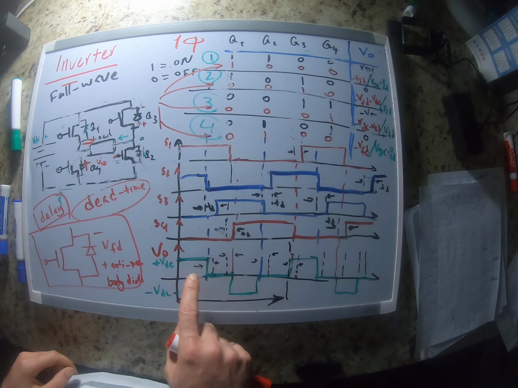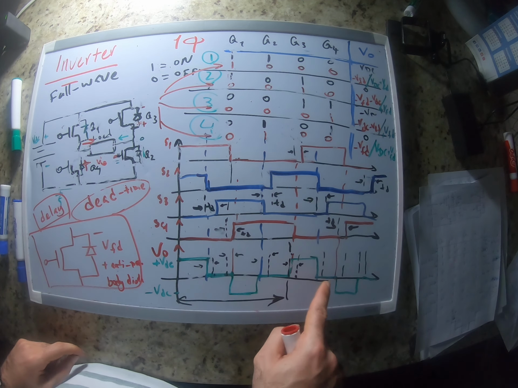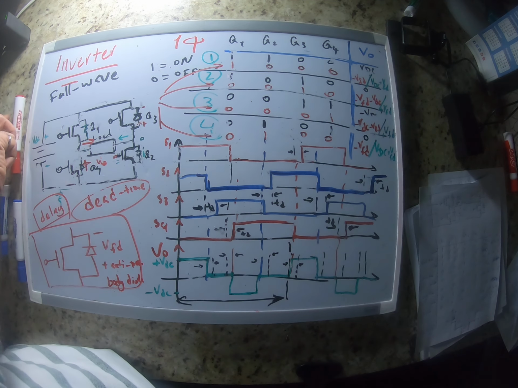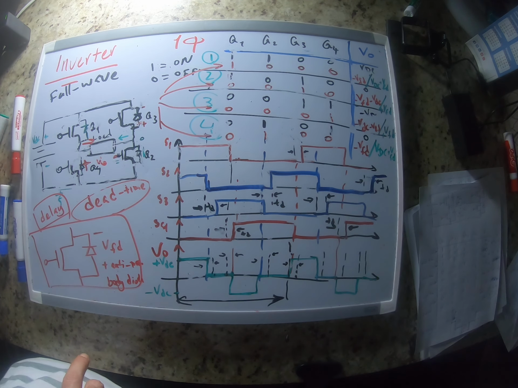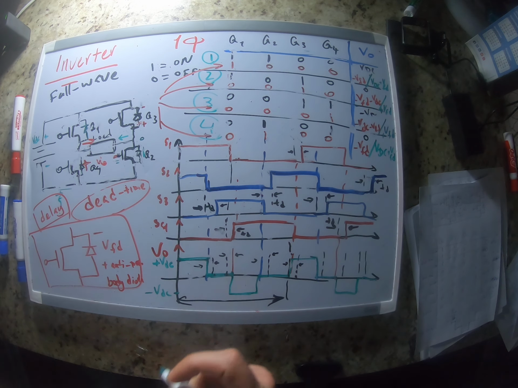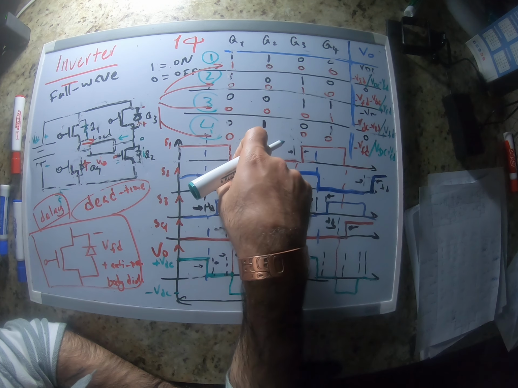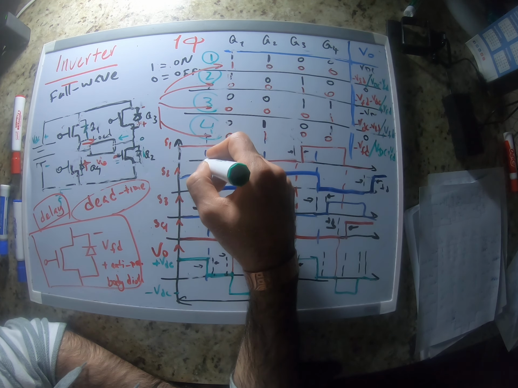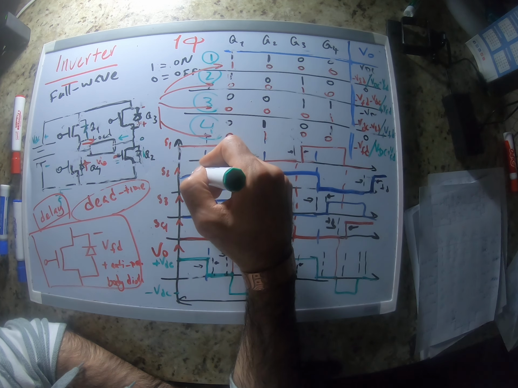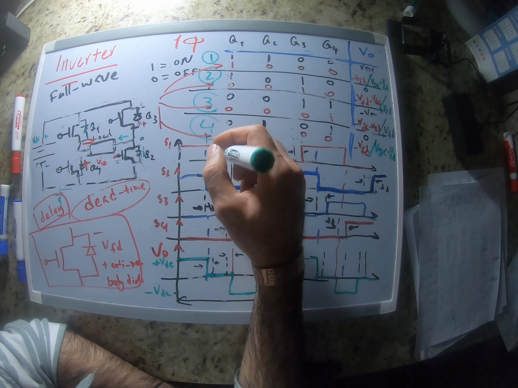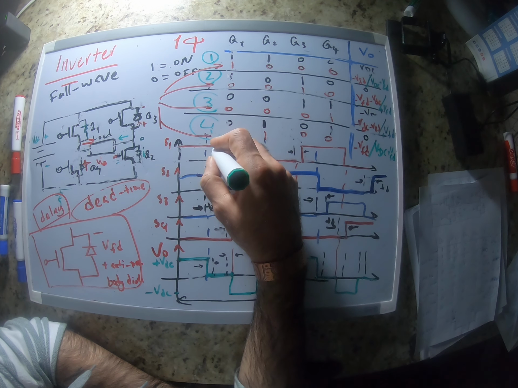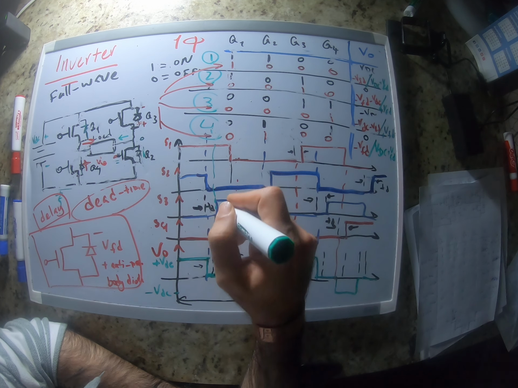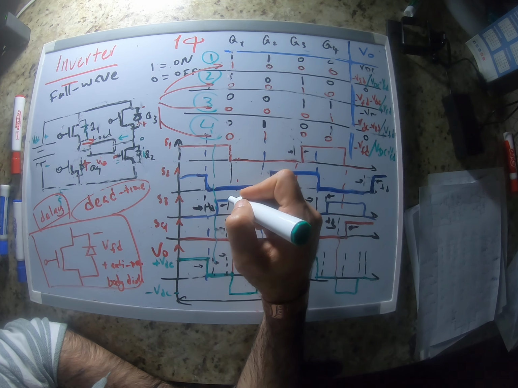Okay, so now we're gonna see what happens to the previous signal waveform that we had. So let's just see what's gonna change here. So in this part, nothing is changed, right? Switch 1 is on, switch 2 is on, but in this point, let's look at the switches.